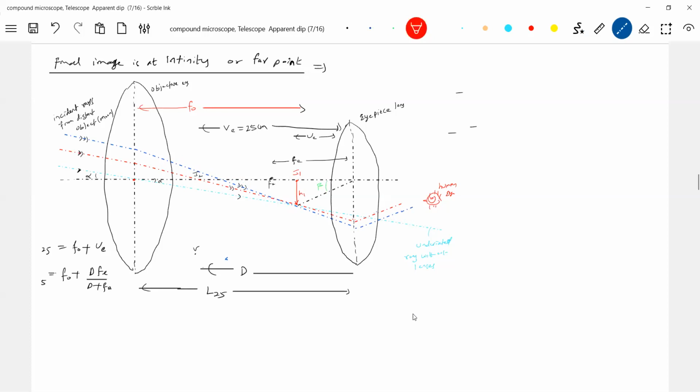Okay, I think they are parallel. I'm showing parallel rays. Okay, this will be L infinity. Don't show this final image; this will be enough. This is also called normal adjustment.